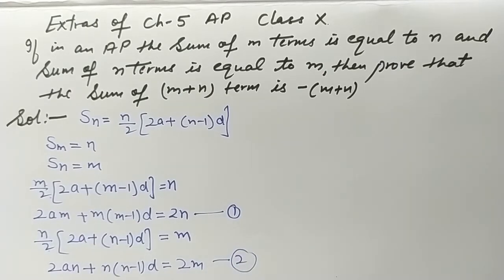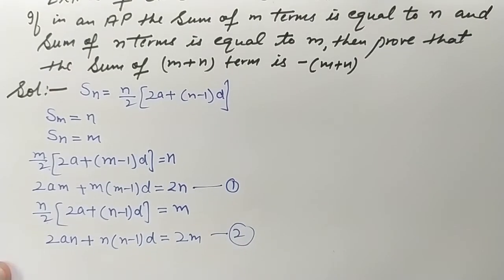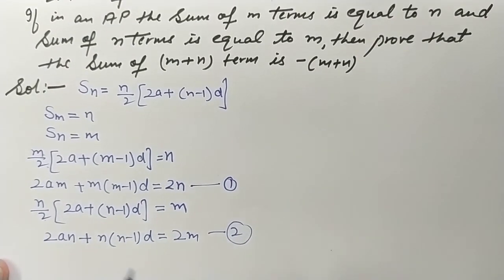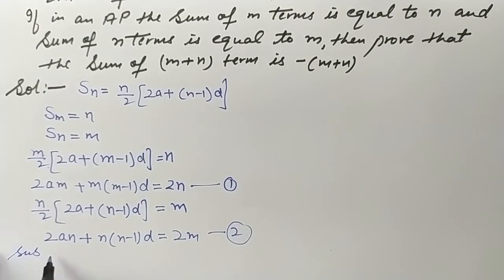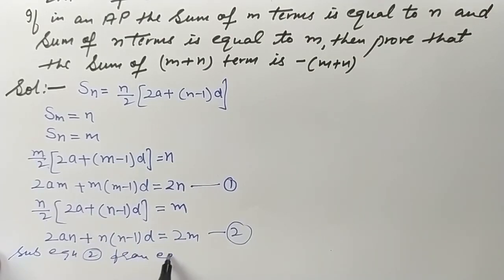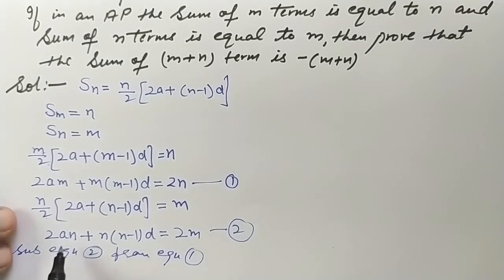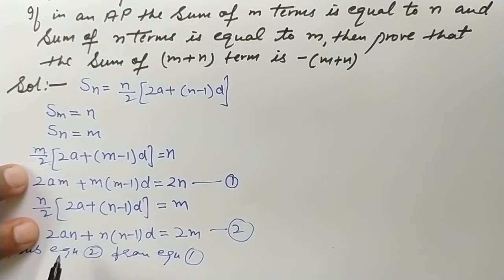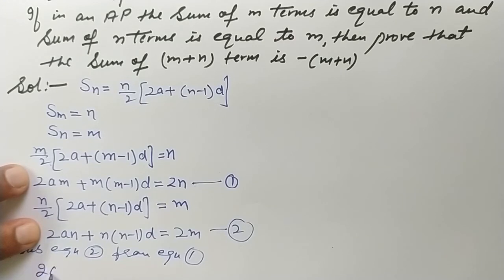Now what we do, I'll subtract equation 2 from equation 1. So I write here, subtracting equation 2 from equation 1. I get 2am minus 2an.